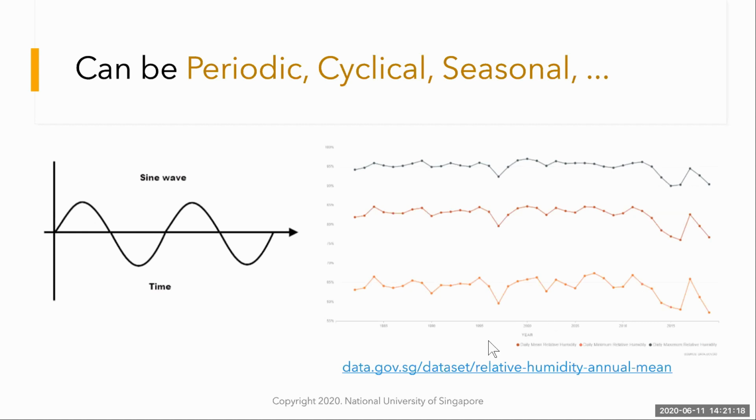A more real world example, from the same website but a different data set, is relative humidity from maybe the 1980s all the way to recently. You can see that it has ups and downs, maybe every few years, perhaps due to ocean currents or something like that. It has some interesting little bumps.